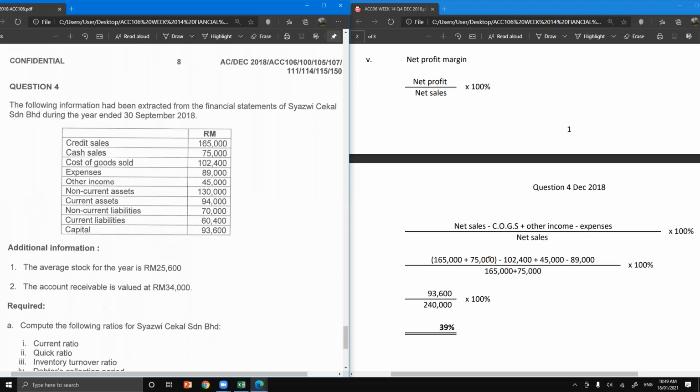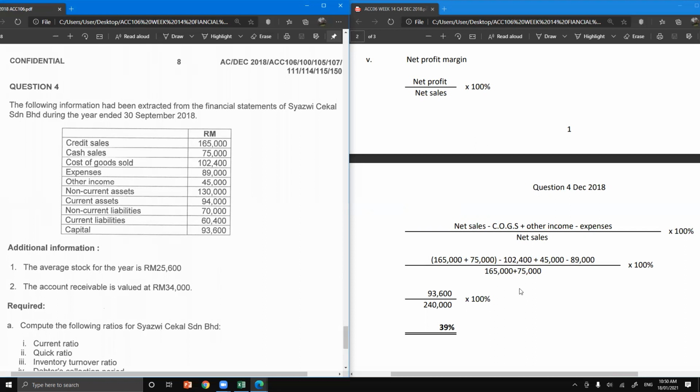After you total the sale, total sale is equal to 165,000 plus 75,000, minus the cost of goods sold, which is 102,400, plus other income at 45,000, minus expenses of 89,000 ringgit. You divide by the net sale.